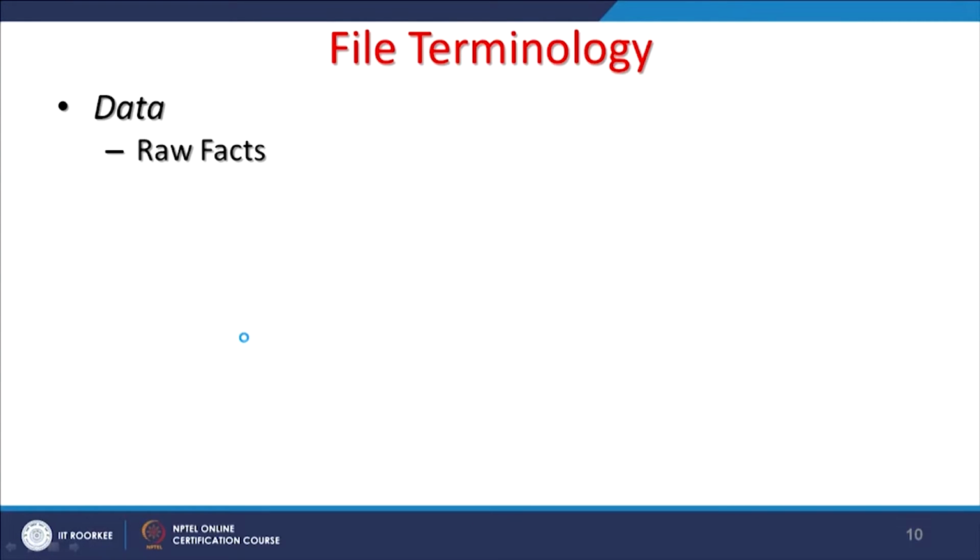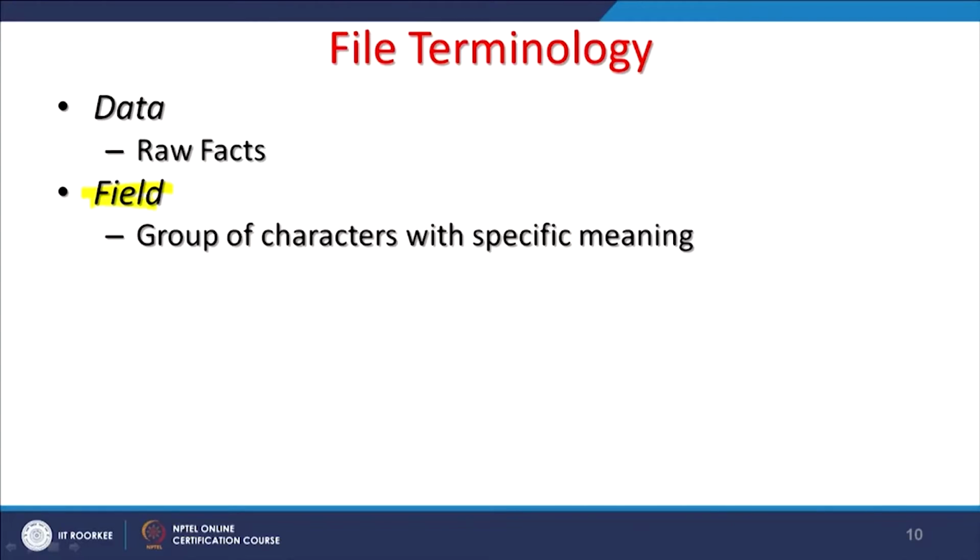So, it is necessary to know it also. I have already mentioned raw data means raw facts, and a field or column, in a spreadsheet kind of concept, is a group of characters with specific meaning. If you see a table, then an individual column becomes a field in the database, but in display it is displayed as a table. So, the field is important, and the characteristics of the field are also important.